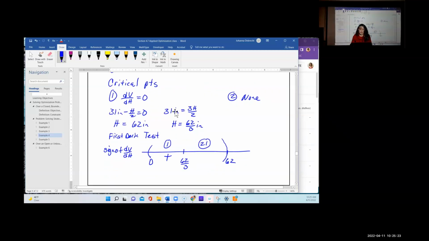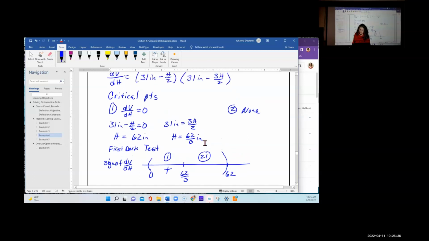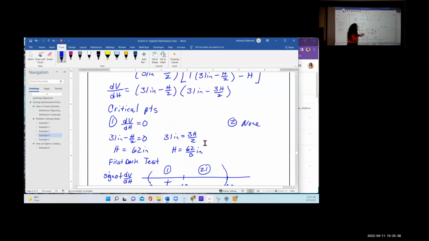And then when I'm looking at the next one, at 21, if I plug it into the first derivative, which I just scrolled away from, 21/2 would be 10.5.